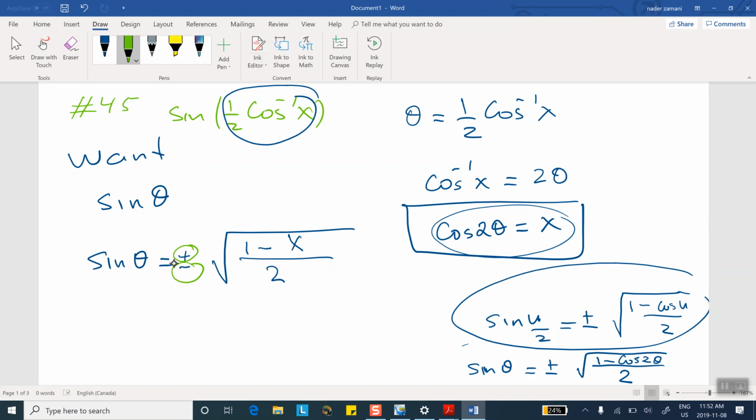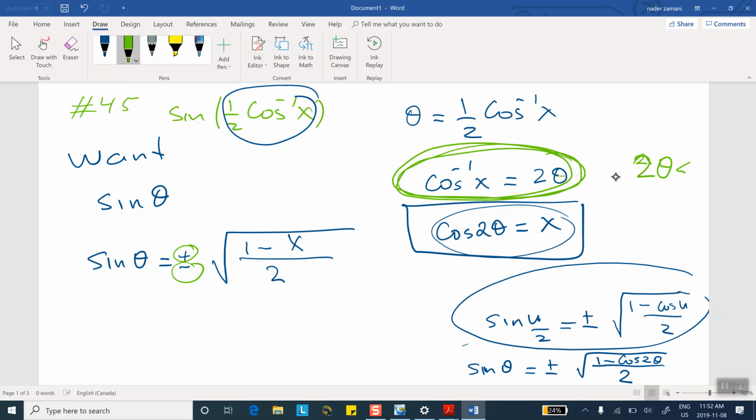Now, we have to look at this thing a little bit carefully. When you write this, let me remind you that it means that 2 theta is between, go back to the stuff that you did with the cos inverse function.